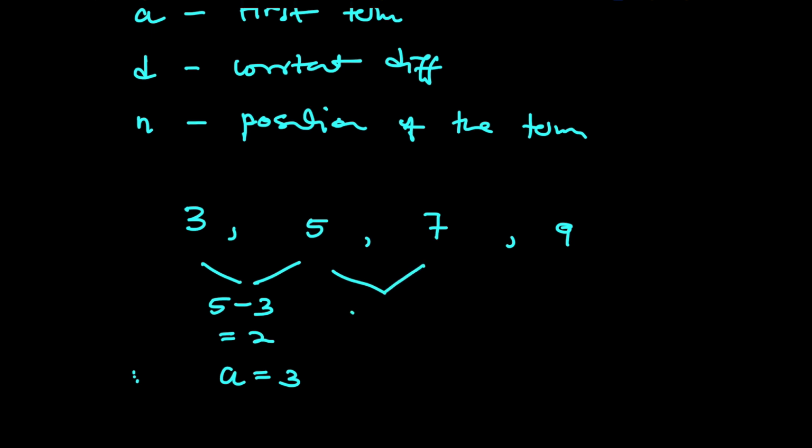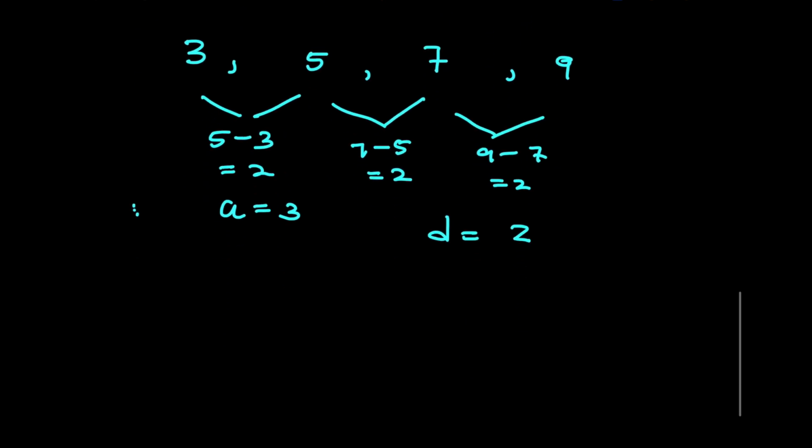Let's check here: 7 minus 5 is also 2. Lastly, 9 minus 7 is also 2. So the constant difference here is actually 2.